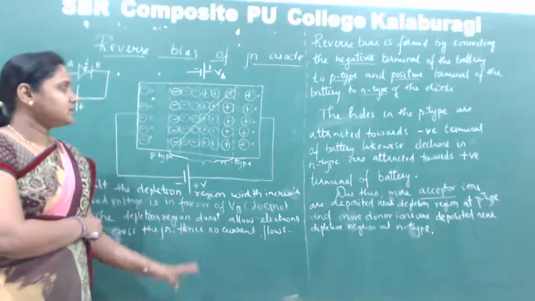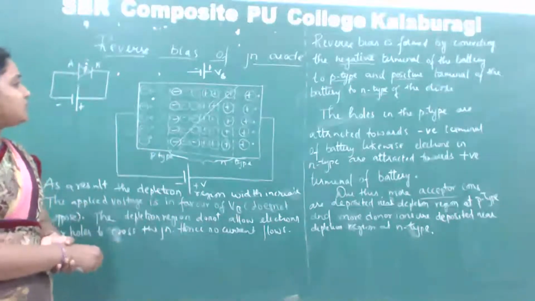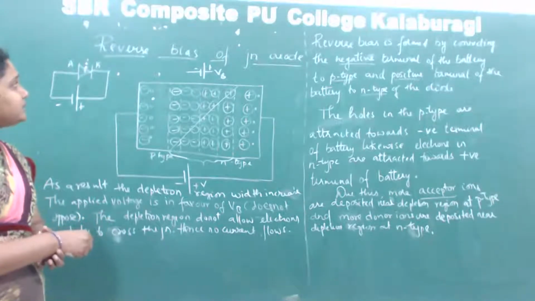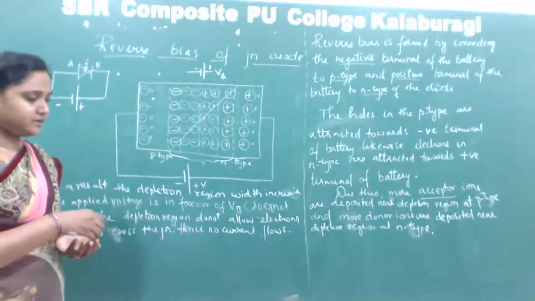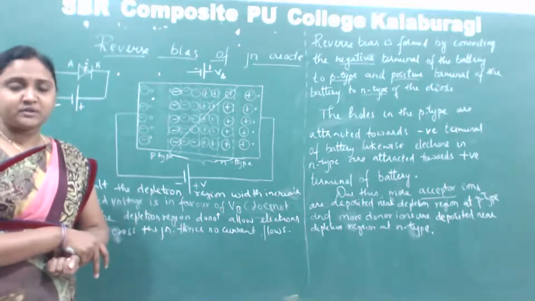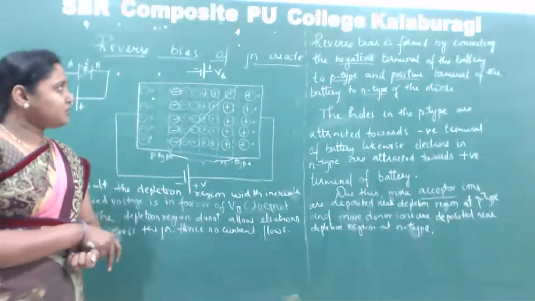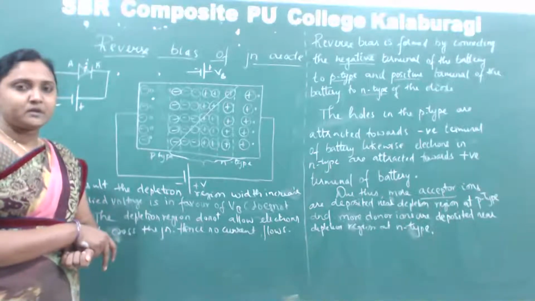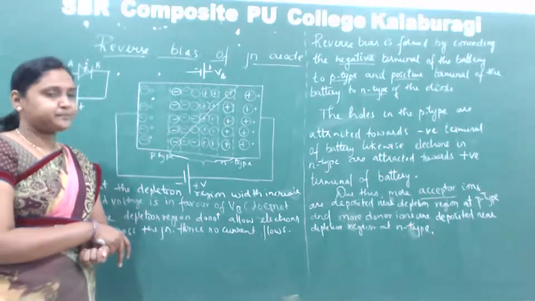This is the entire working of the reverse bias. This question can be asked for 5 marks, or at minimum for 3 marks, to explain the operation of the reverse bias condition in the junction diode.